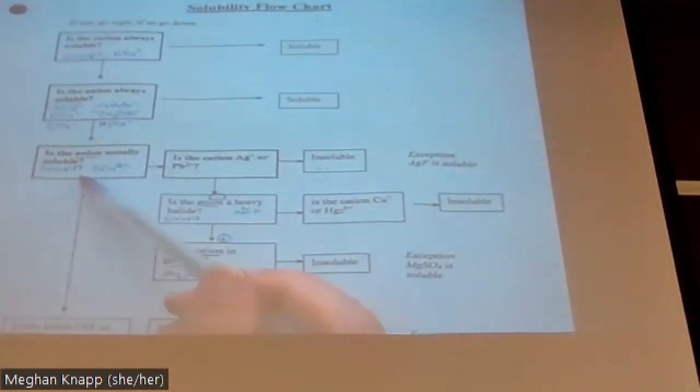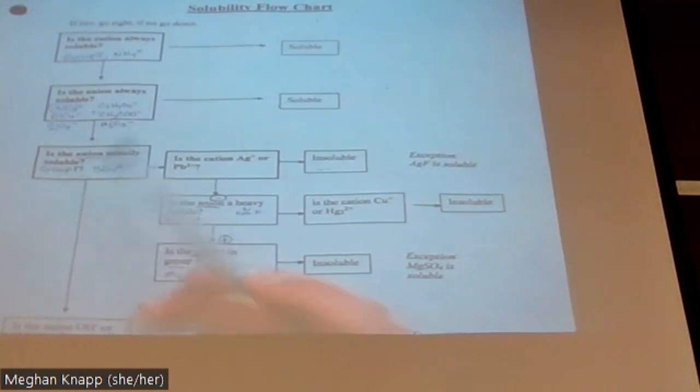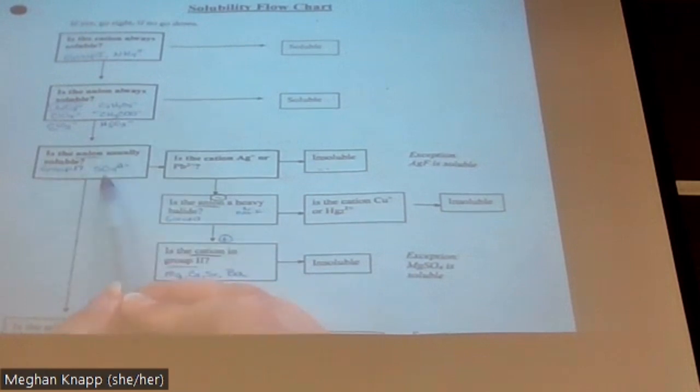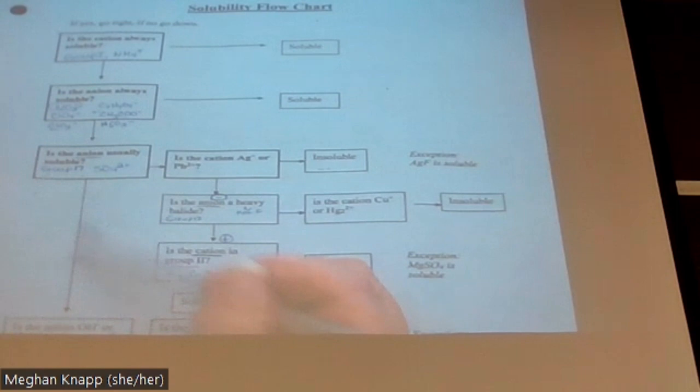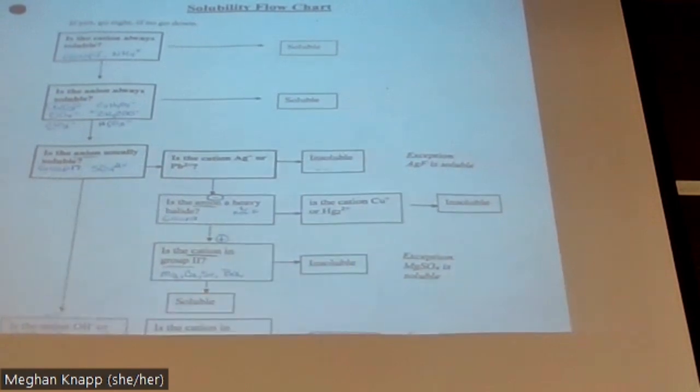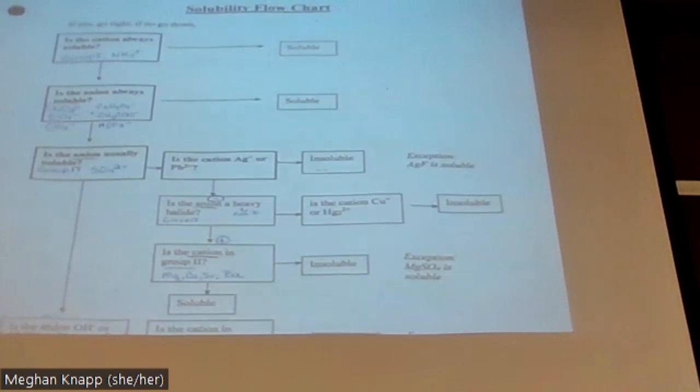Is phosphate usually soluble? Is it a halogen? No, it's a polyatomic ion. Is it sulfate? No, phosphate and sulfate are different things. So I'm going to go down. Is the anion hydroxide, sulfide, phosphate, chromate, carbonate? Well, it's phosphate. So that's insoluble.